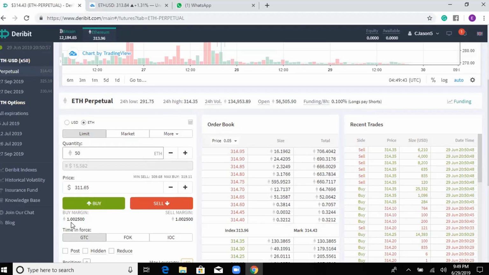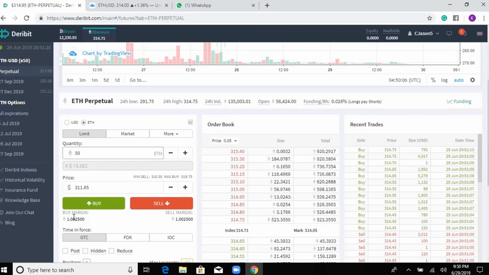Below here, if you can see my cursor, you're using one Ethereum. When you want to trade, you just type 50, because that's the leverage you're given, and it will tell you the number of Ethereum you want to use to enter that trade.